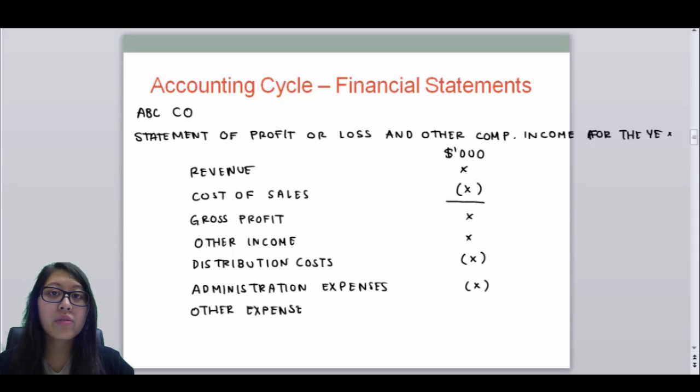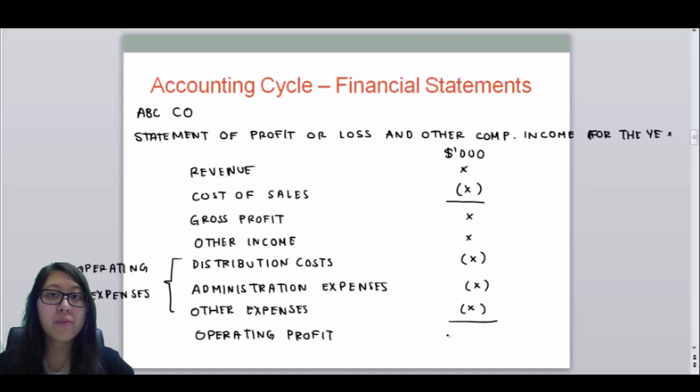Now, all three of those expenses, when combined, we call operating expenses. And once you have finally deducted your operating expenses, you will reach a figure that is commonly known as profit before interest and tax, but in this case, it should be called operating profit.